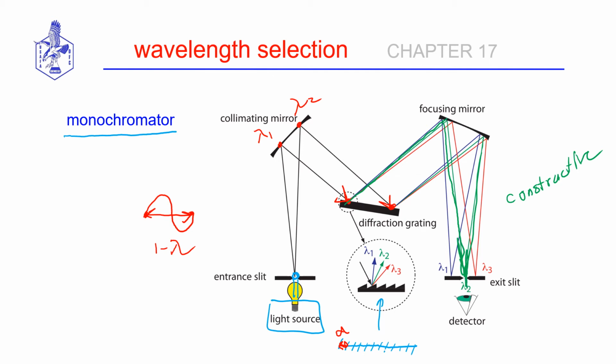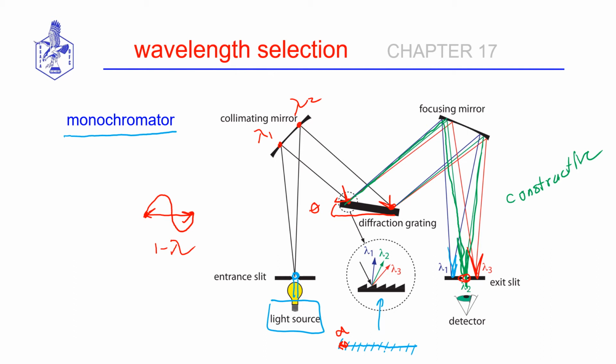Light of different wavelengths are not going to experience total constructive interference, and they will not be focused on the exit slit. You can see the blue will end up here, and the red is going to end up here and not get through my exit slit. So by the angle at which we position the diffraction grating, we can selectively allow certain wavelengths to get through and other wavelengths not to get through.